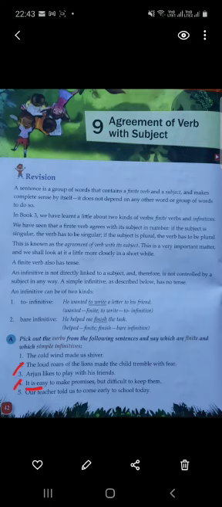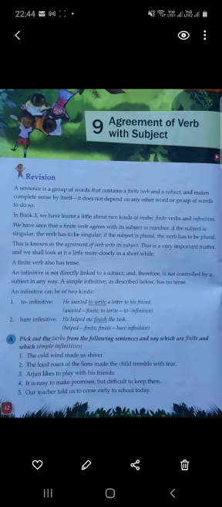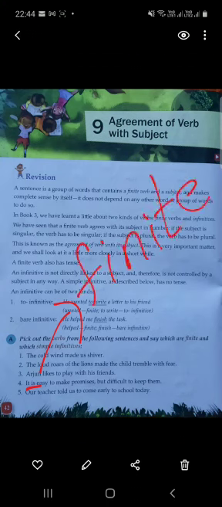If instead of "it" it is given like "I", then what helping verb will be used over there? Am, right? If "we" is there, then are. So "is" will be changing according to the number and the person. Means this is a finite verb, which changes according to the number and the person, which is dependent.